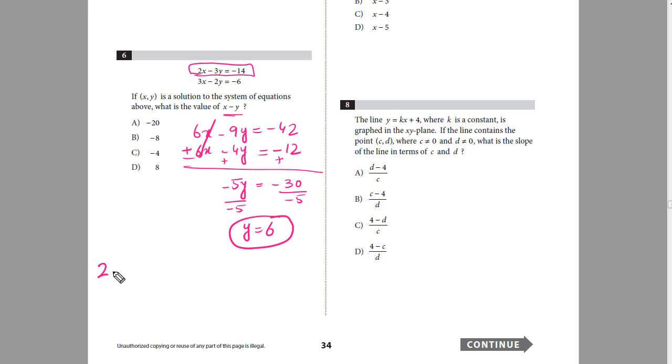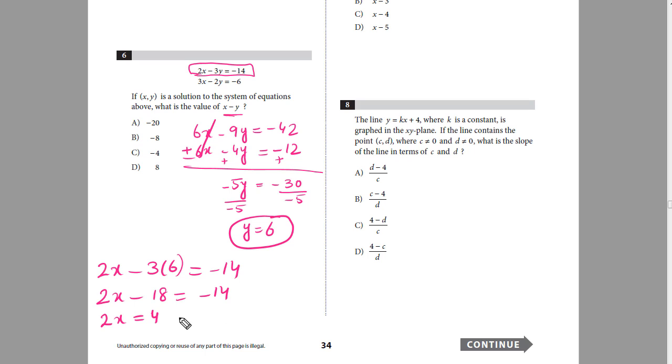So 2x minus 3 times 6 is equal to negative 14. So 2x minus 18 is equal to negative 14. Now I'll add 18 on both sides. This 18 will get cancelled, and on the right side, negative 14 plus 18 will become plus 4.